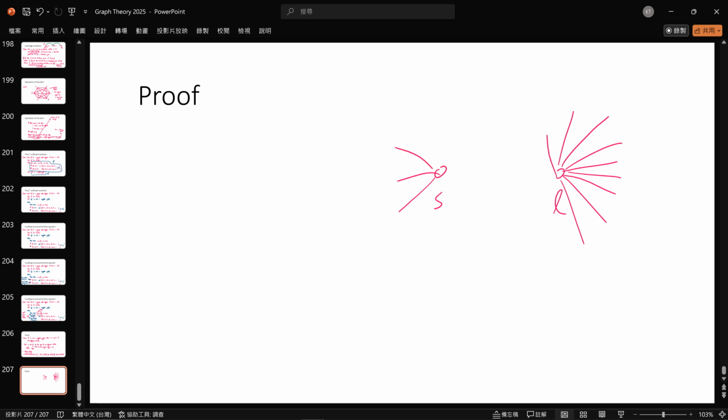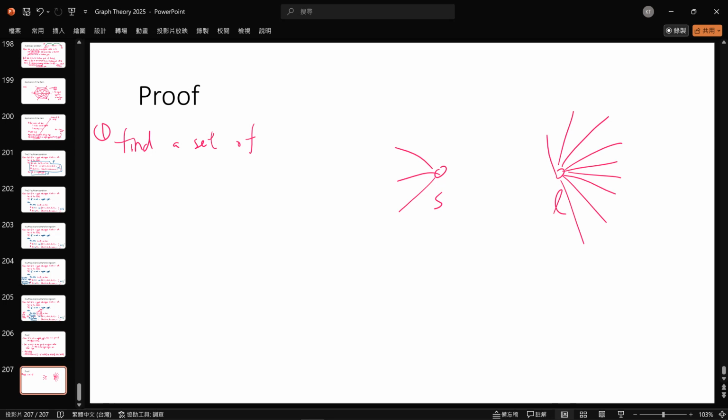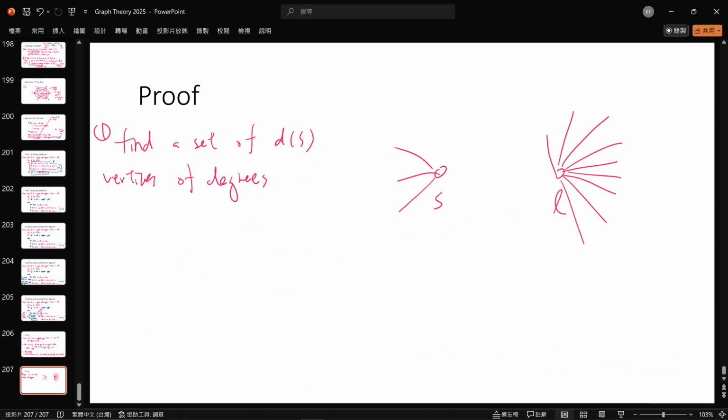So the first goal is to find a set of ds vertices whose degrees are at most ds. Can you see how to find this set of vertices?